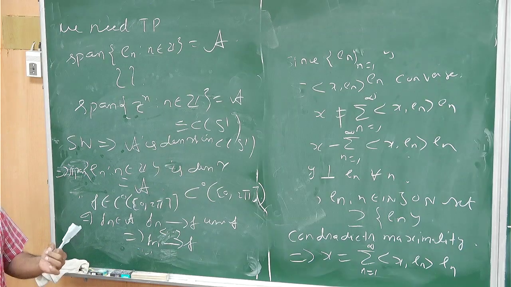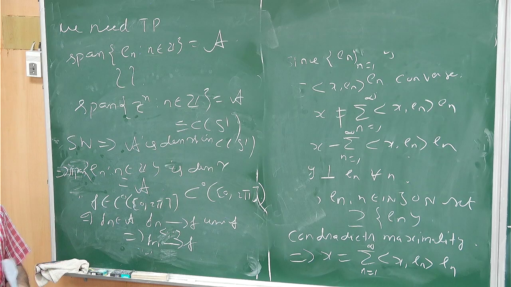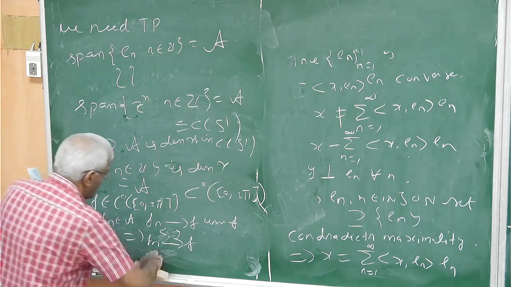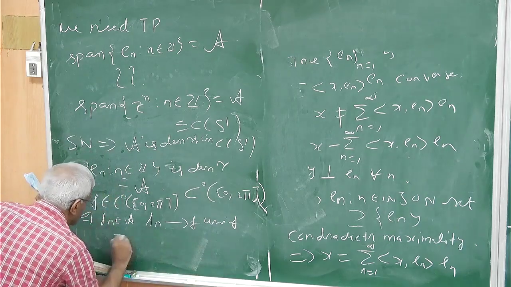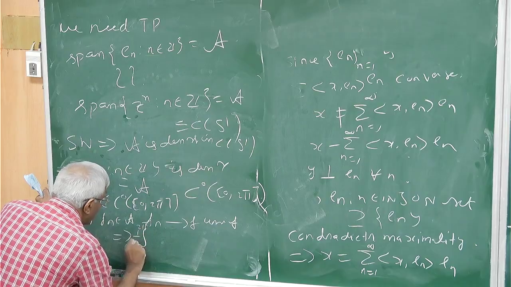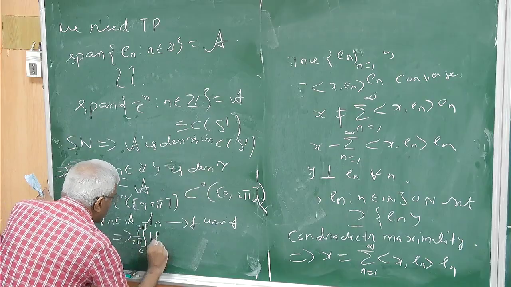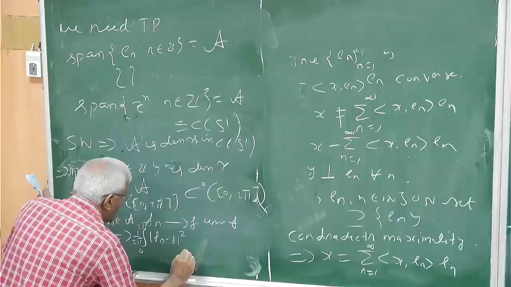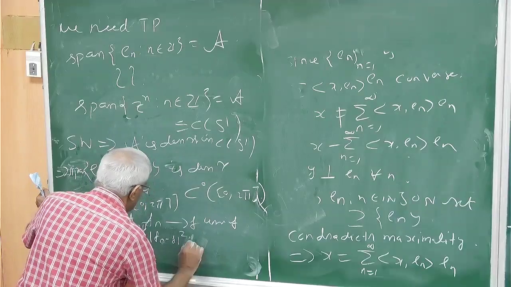If fn converges to f uniformly, the integral of fn will converge to the integral of f. This implies, let's write it like this, the integral from 0 to 2 pi, maybe 1 by 2 pi, of mod fn minus f whole square goes to 0.